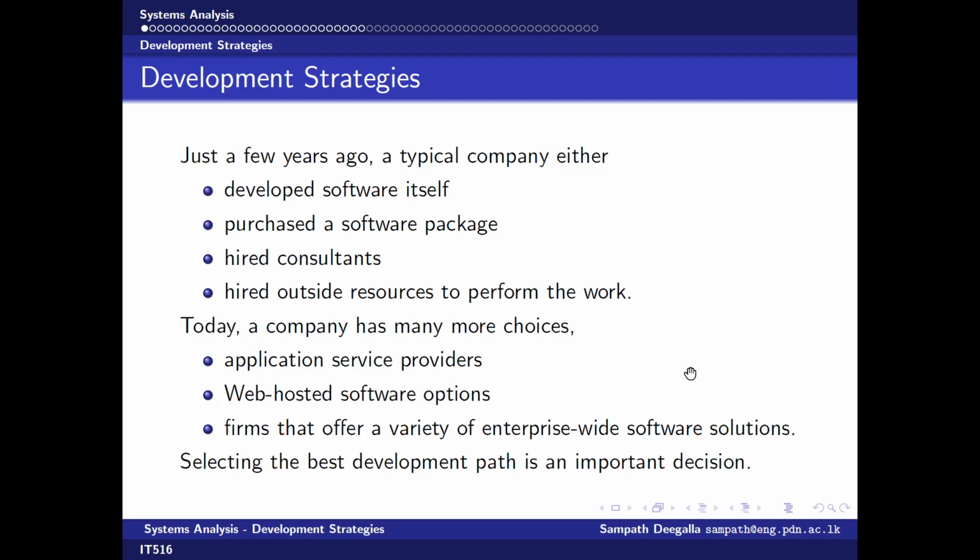For example, a few years back, companies developed software themselves, right? Or the other option would be they could purchase it as a software package if it is a common one, or else they could hire consultants to do the work, or outsource or hire outside resources to perform the work.